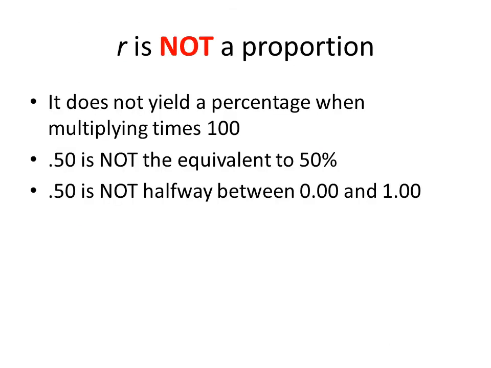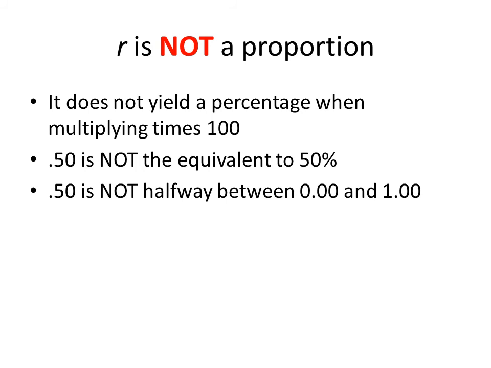Let's also note that the interpretation of the values of r is further complicated by the fact that r is not a proportion. So, for instance, multiplying 0.50 times 100 does not yield a percentage. In other words, a 0.50 is not equivalent to 50%.